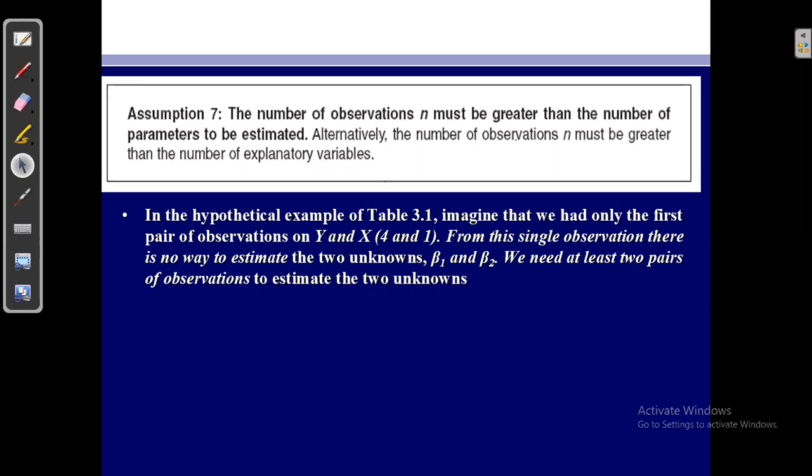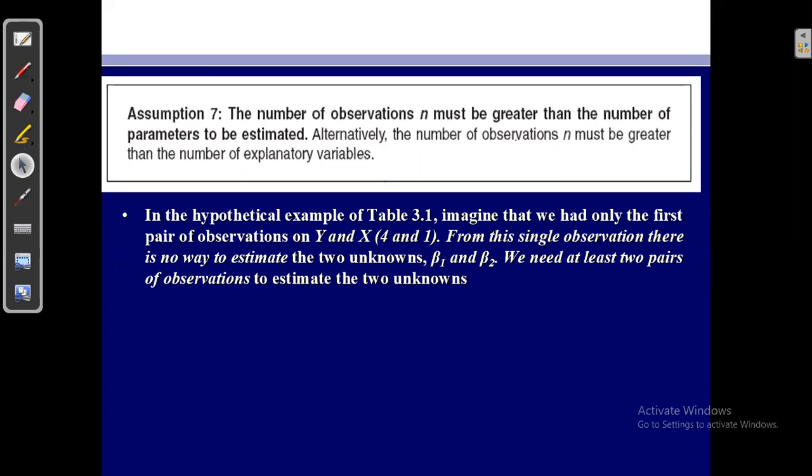So if you are dealing with a much larger model later on, then this assumption becomes quite crucial, right? In a simple regression model or a model with just 2 explanatory variables, this is not really a big problem because your sample size would always be larger. But as your model becomes larger and larger in terms of the number of explanatory variables, this assumption says that your sample size must not be smaller than that.